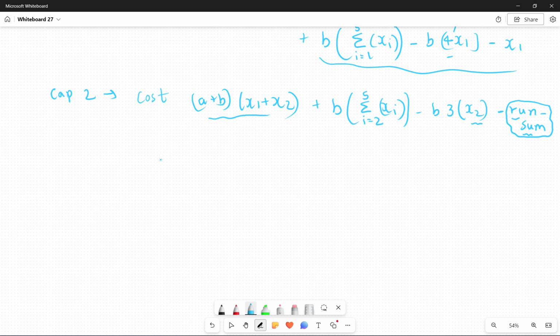If I want to explain why the running sum is that, so when your capital city is at 2, not n minus 1, right? It should be n.